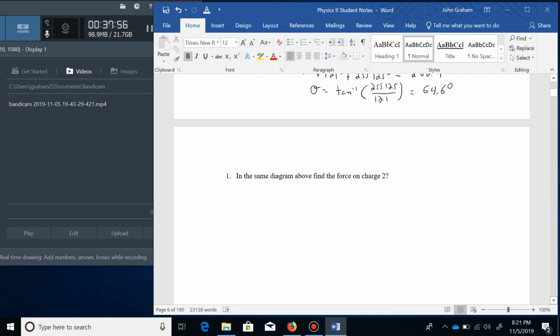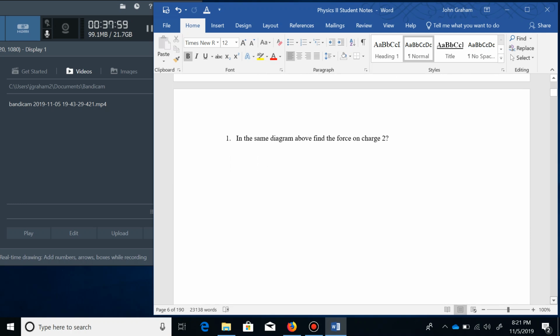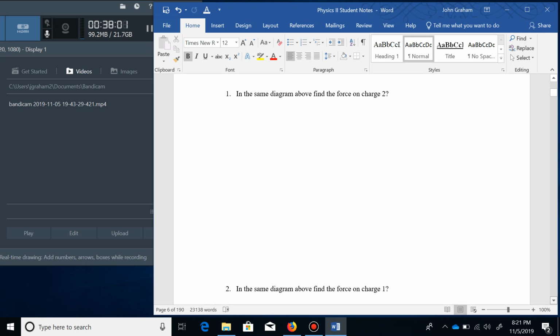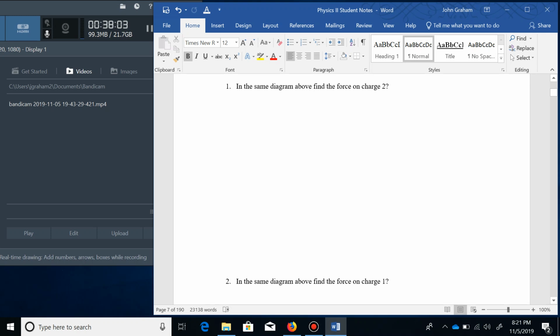Alright, now I am actually going to stop this video, but before I stop it, I just want to let you guys know. These two problems we're looking at, they go from the same diagram as the first problem. They're instead looking at charge 2 and at charge 1. You can try them.